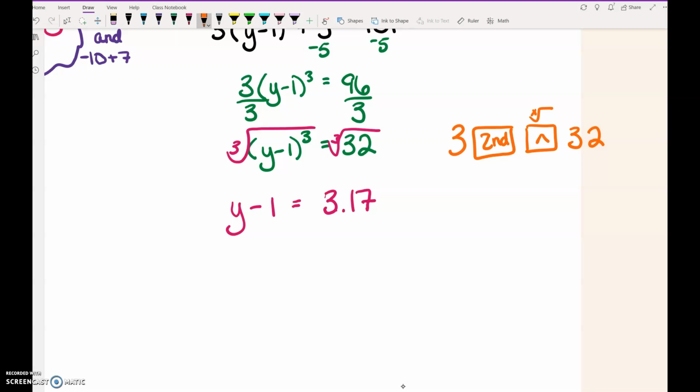On your screen, it will look like 3, and then the x root symbol, and then 32. The 3 tells that x root symbol what to use for the x. The 3 has to be written first before that x root symbol. So try typing that into your scientific calculator and make sure that you get the decimal 3.17.